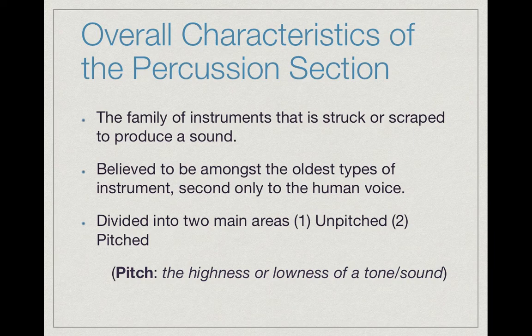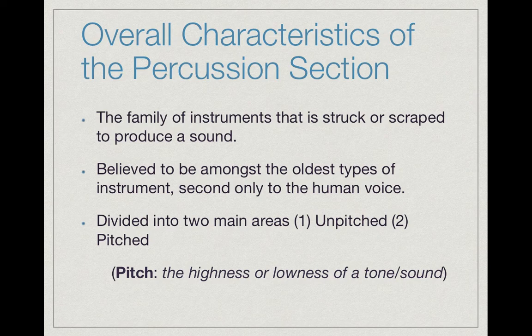The percussion instruments are believed to be some of the oldest types of instruments in the world in all human societies, second only to the human voice, meaning that when we first discovered music, or we were in the process of discovering music as human societies, we made music with our body first, and then after the human voice, we moved on to striking things to make rhythm and create music that way. So it's fascinating to look at human history and see how percussion fares into that. It's a very interesting history.